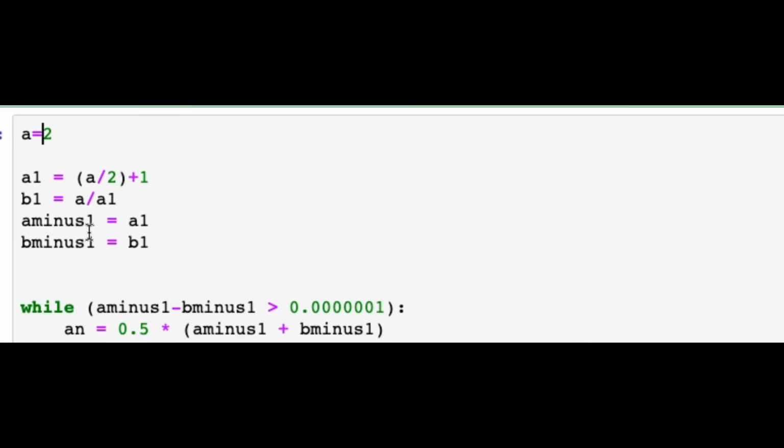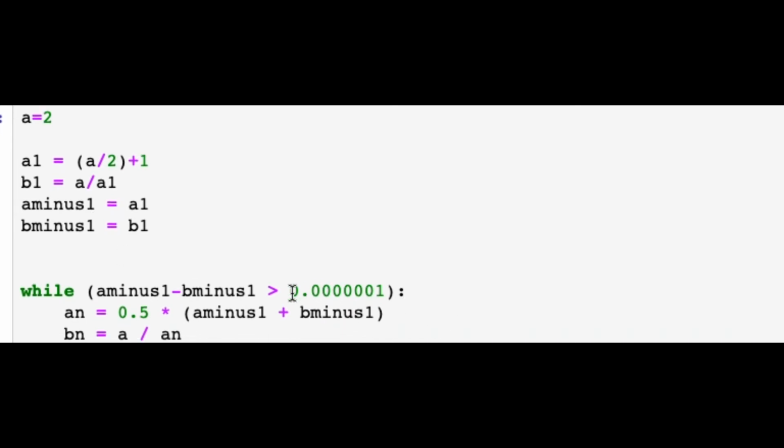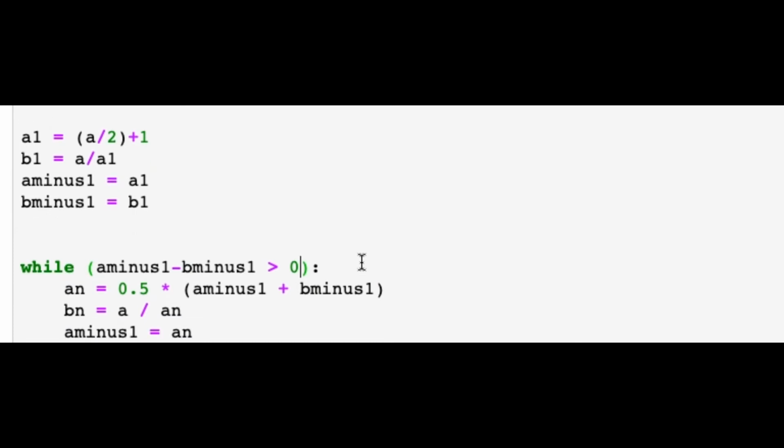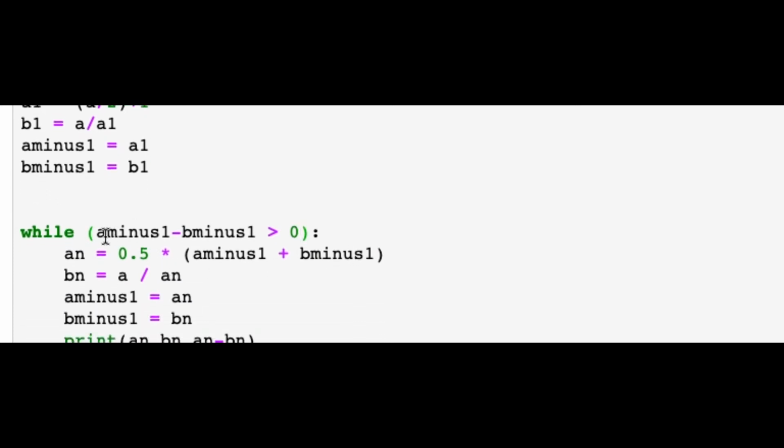Then we're going to save this because we're going to do a loop here. So when do we know we have the right answer? We know we have the right answer when the difference between the new guess, AN and BN, is 0. When we're no longer getting any closer to the answer, that's when we stop.